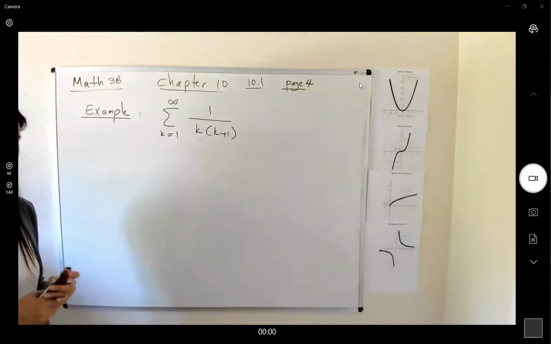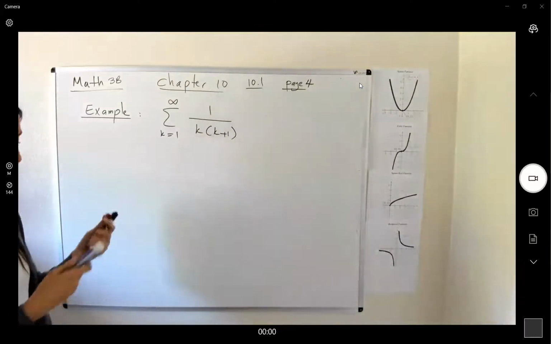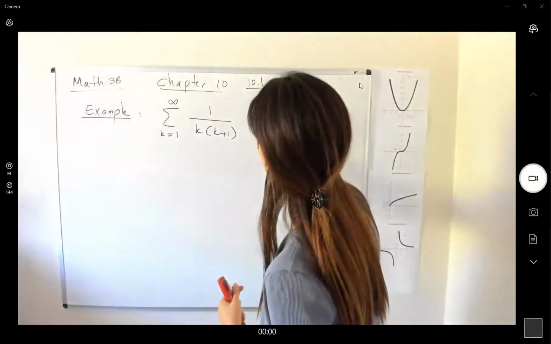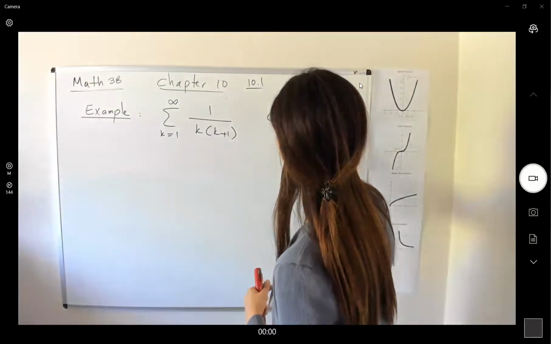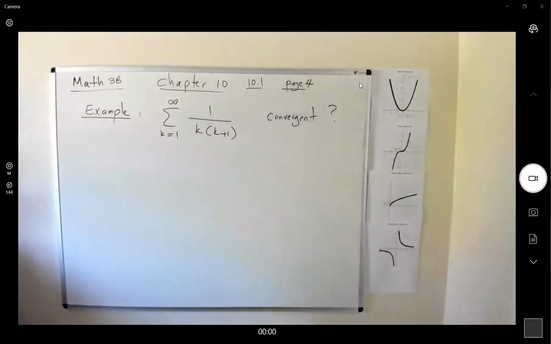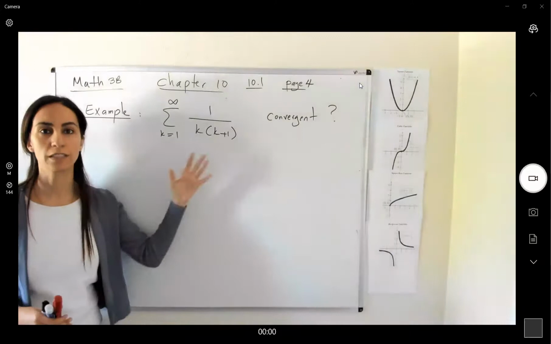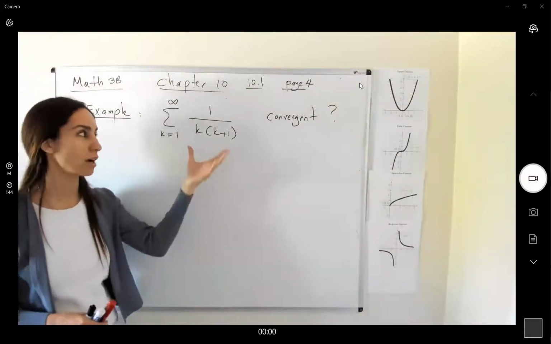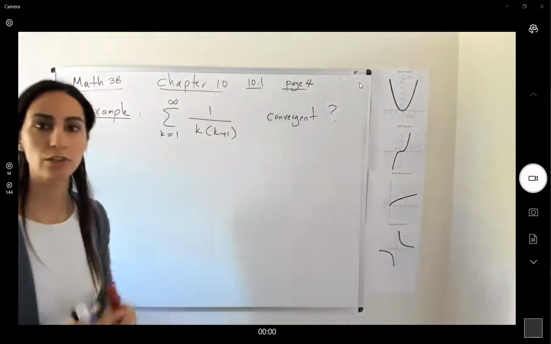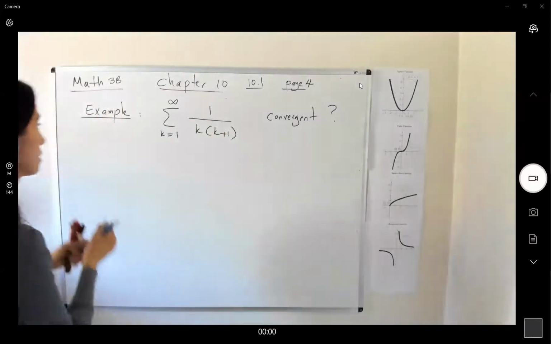The question says, is the series convergent? We're going to go over techniques and tricks to analyze series later. For now, just take a look at some of the terms of this series.